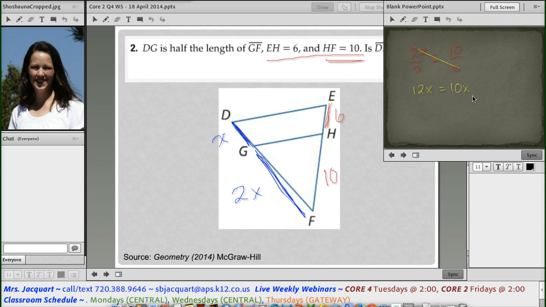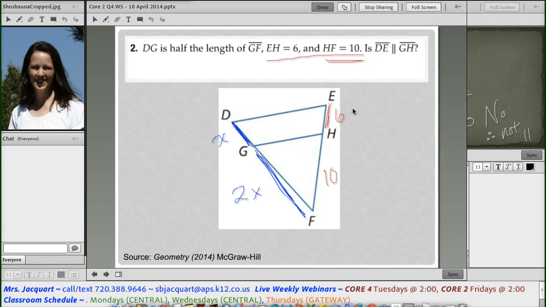So I'm going to divide by x. Some of you already know the answer. Does 12 equal 10? The answer is no. Therefore, not parallel. Those double lines mean parallel. So we'll answer the question: nope, they are not.